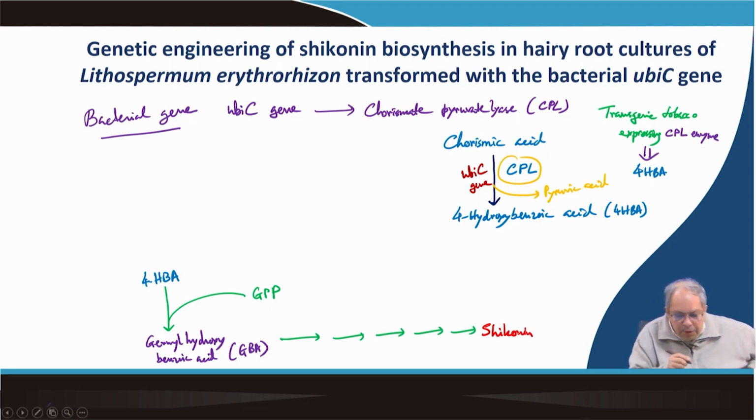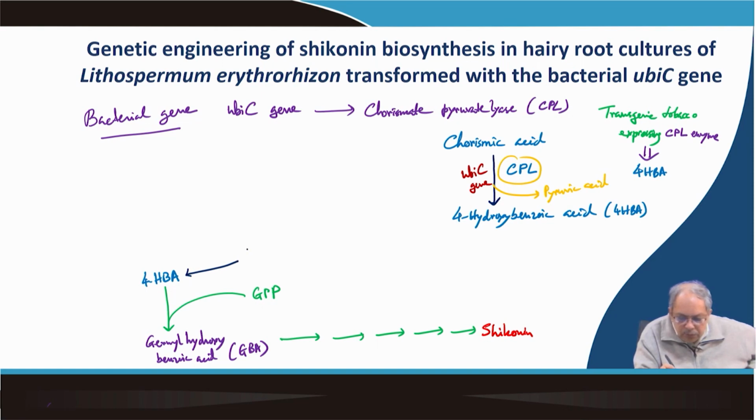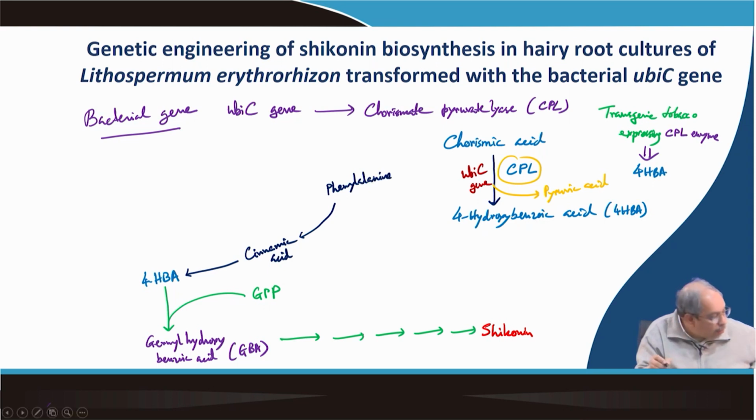Now, 4-hydroxybenzoic acid is basically produced from cinnamic acid, or trans-cinnamic acid, and that is coming from phenylalanine, and this phenylalanine is coming from prephenic acid, and prephenic acid is basically coming from chorismic acid.